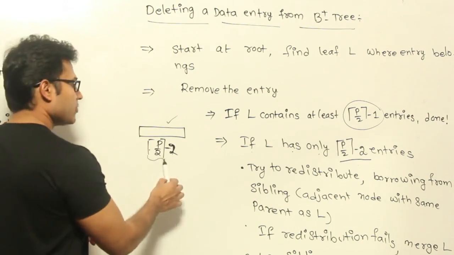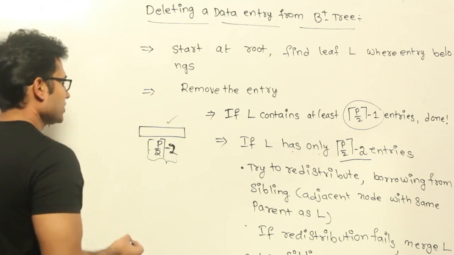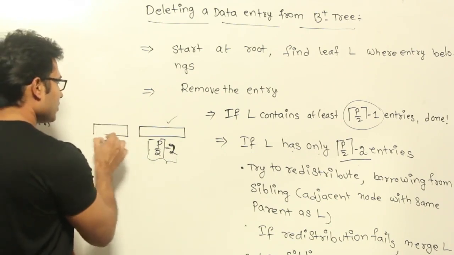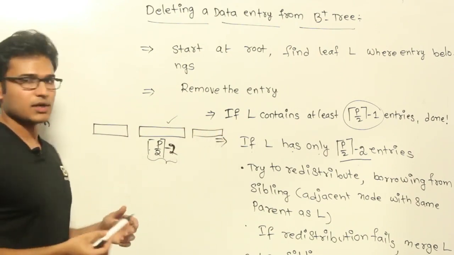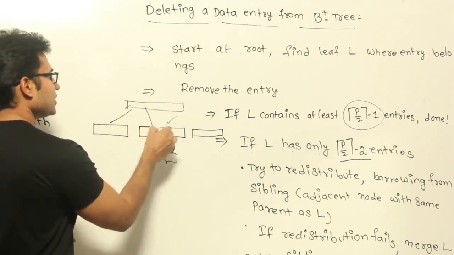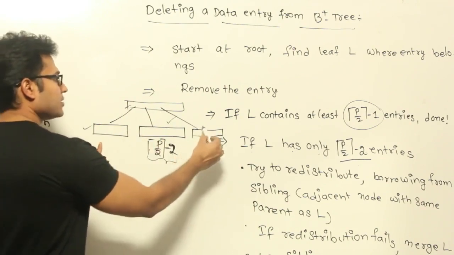Now whenever you have p/2 minus 2 entries, we have two options. One option is, if any of the siblings, let's say these are the siblings, right? What I mean by sibling is like this, okay? Let us say there is a sibling here and there is a sibling here.